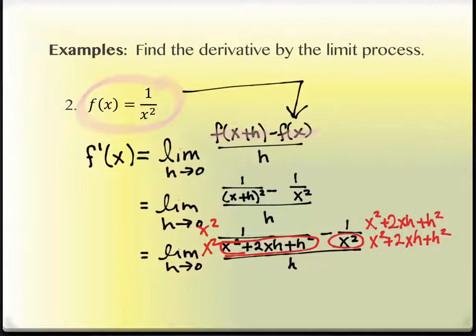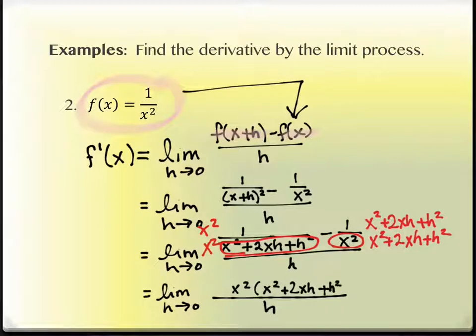So in cleaning this up now, the denominators do match. They're still all over h. The denominators are x squared and x squared plus 2xh plus h squared, and I really don't want to multiply that out. That's not in my best interest, okay? So we're going to leave that in factored form.